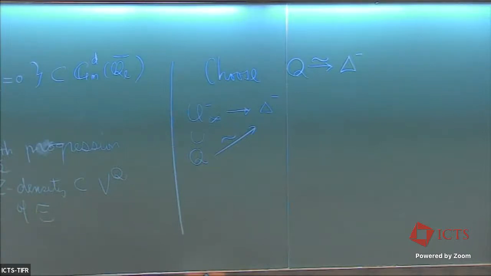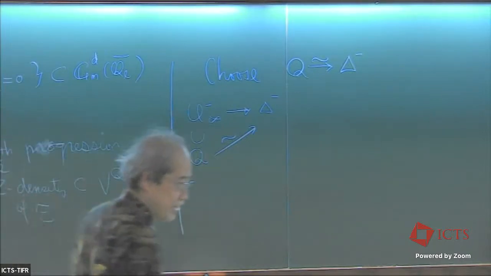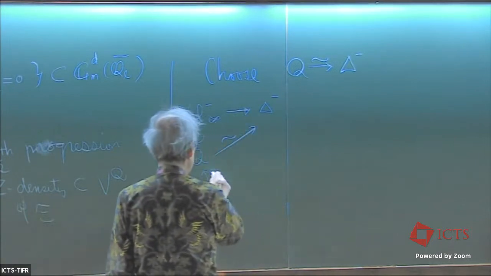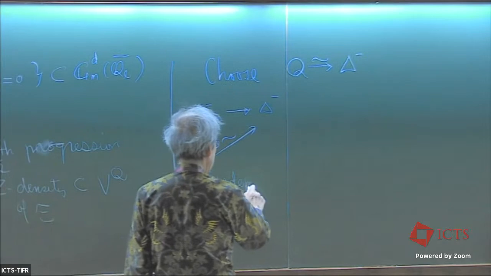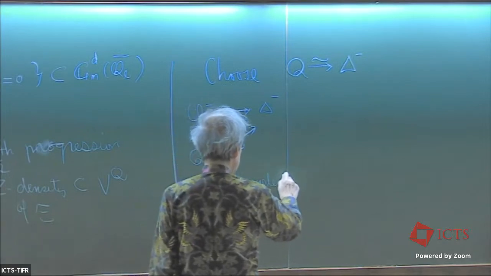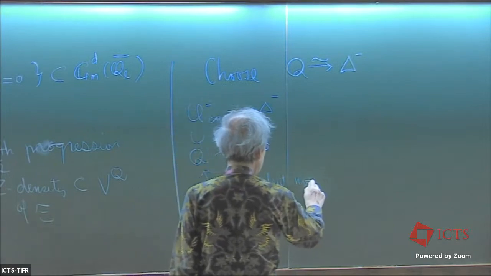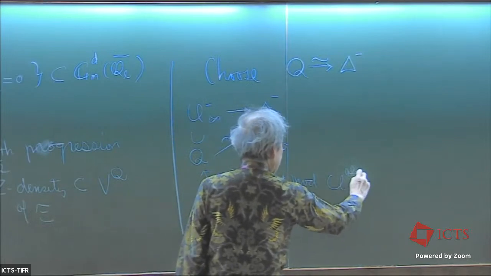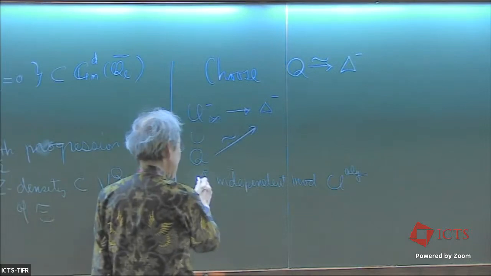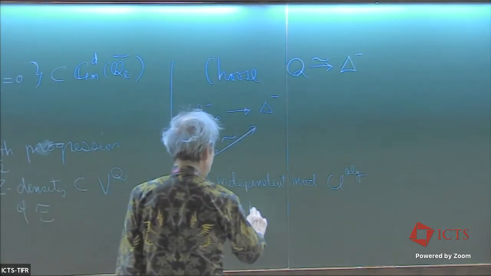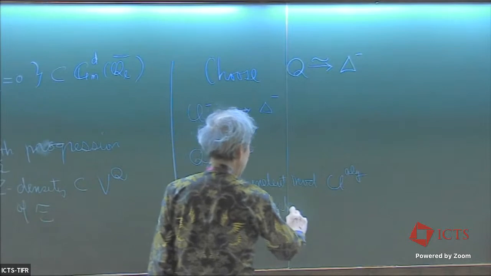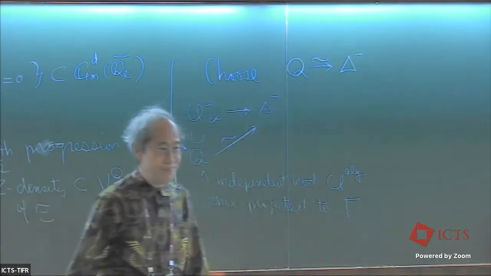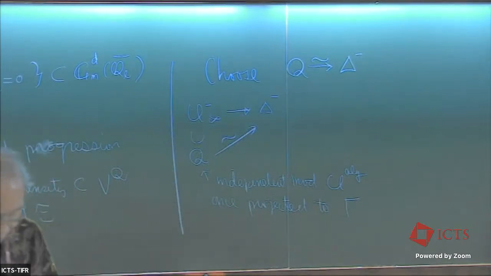And under some hypothesis that there's no ambiguous class and so on, then this is independent modulo algebraic ideas once projected to gamma. That's how things go.